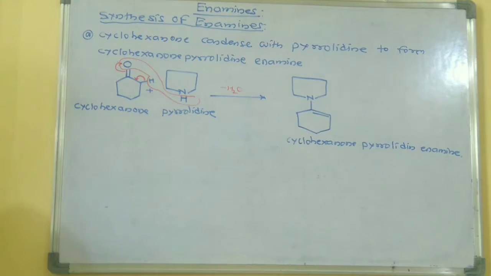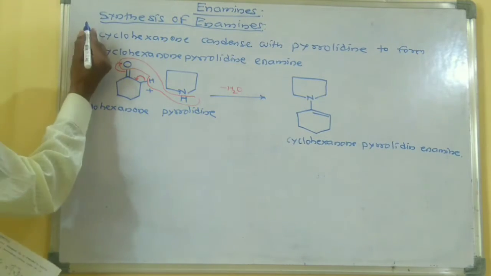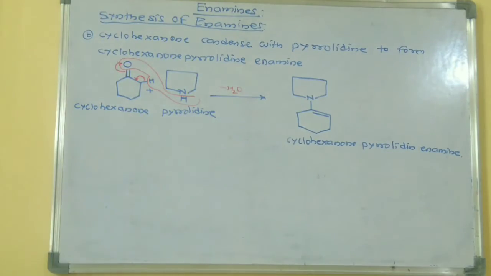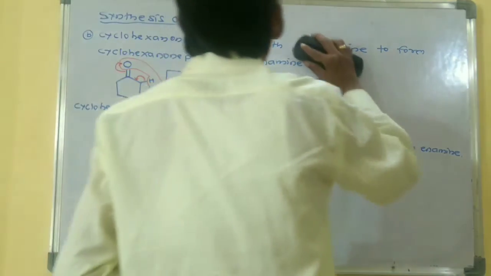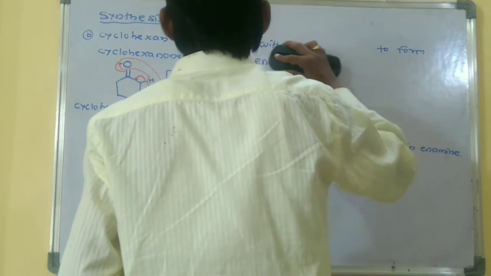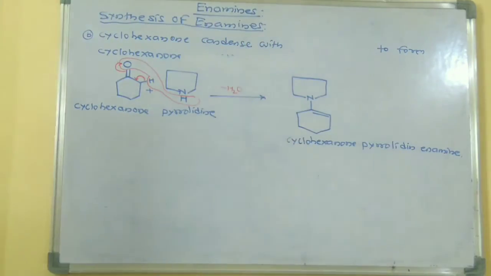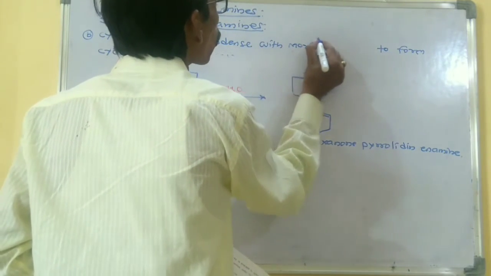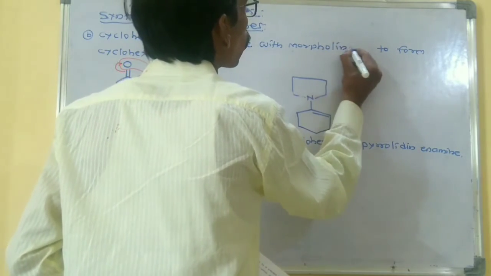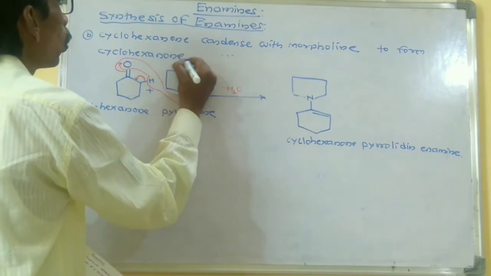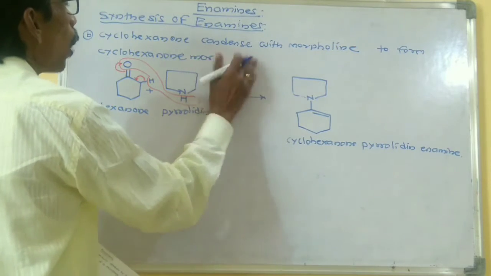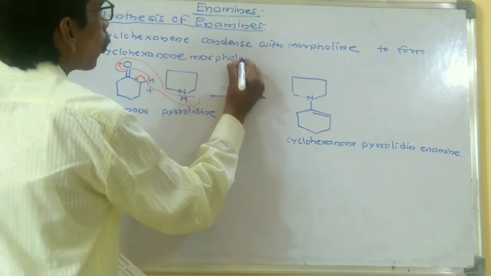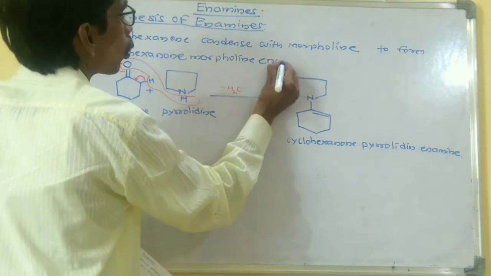Now second synthesis: cyclohexanone condenses with morpholine to form cyclohexanone morpholine enamine.